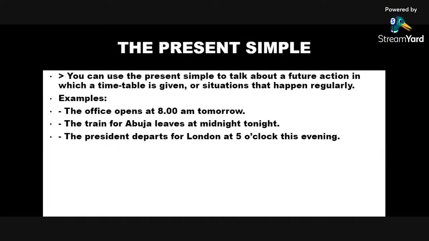For example, the office opens at 8 a.m. tomorrow. You see, you are talking about a future action in which a timetable is given. So here you see that a timetable is given for this already. The office opens at 8 a.m.